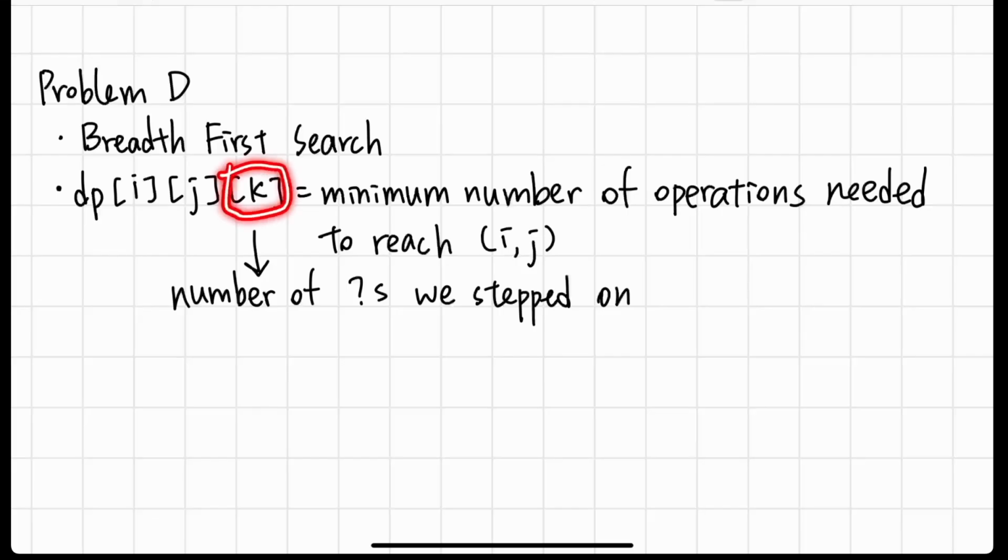This is really important because if we don't record the number of question marks, then this wouldn't capture all of these states, because the state we're on for an odd number of question marks is different from the state we're on when we stepped on an even number of question marks, because the open door and closed door would be the exact opposite. So we need to keep track of both states to ensure that we account for all the possibilities. And if you're not sure how to implement a BFS, we can look at the code.